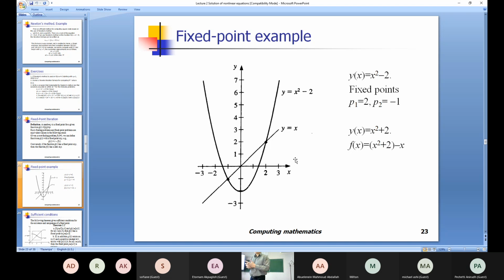No points. It means that there are no fixed points for the function x squared plus 2. So some functions can have a fixed point, but this is a very simple example of a function that doesn't have a fixed point.